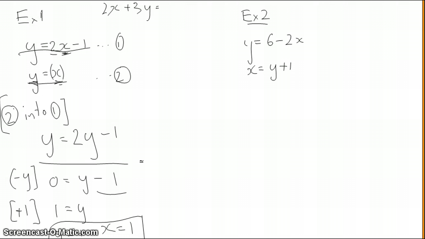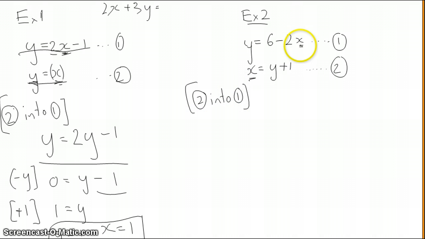Watch this example. I've got y equal to 6 minus 2x, and x equal to y plus 1. I'm going to put 2 into 1 again. That's my step. 2 into 1. So in other words, anywhere I see an x in 1, I'm going to put y plus 1 in brackets.